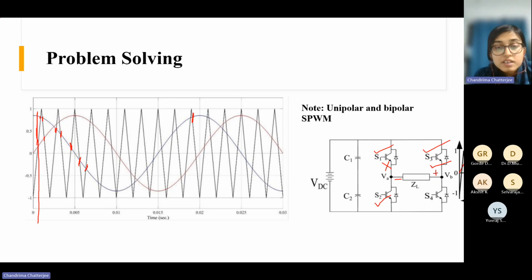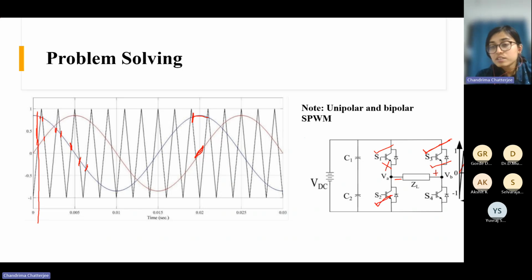The blue one is higher, but the red one is lower than this, right? Red one is lower. So here blue one is higher than this, so S3 will be on, and red one is lower, so S2 will be on, right?